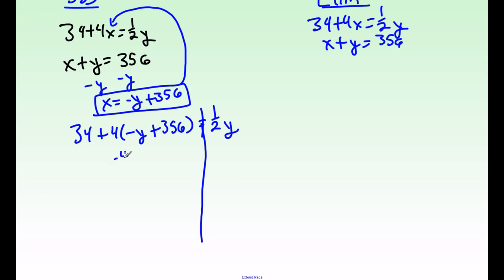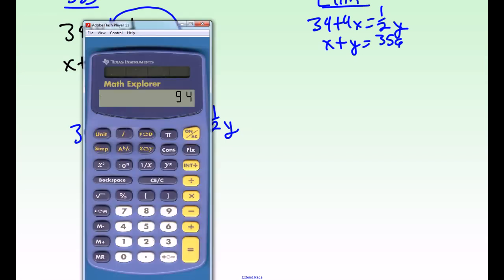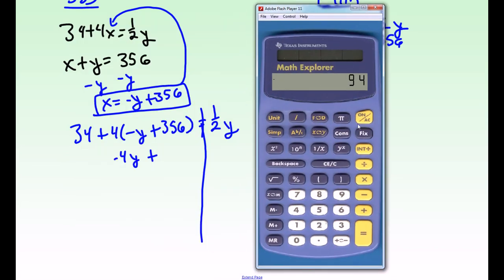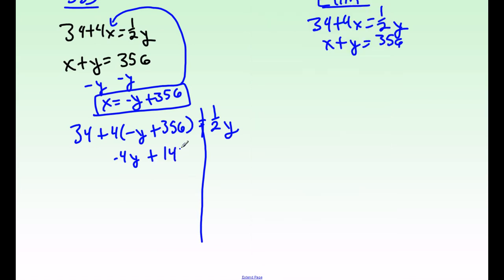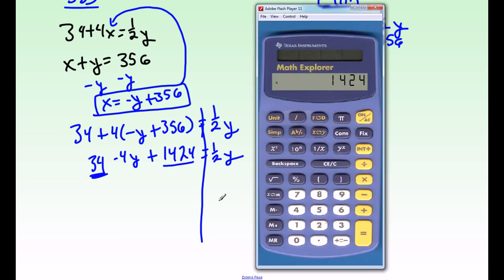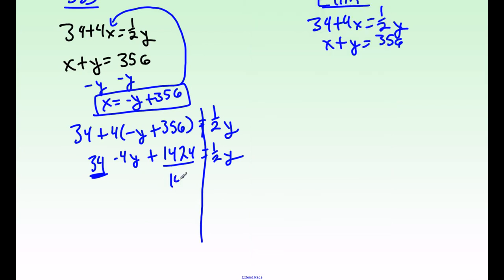That gives me negative 4y plus 4 times 356. 4 times 356 is 1,424. I can combine my 34 and my 1,424 plus 34. That's combining like terms. 1,458.